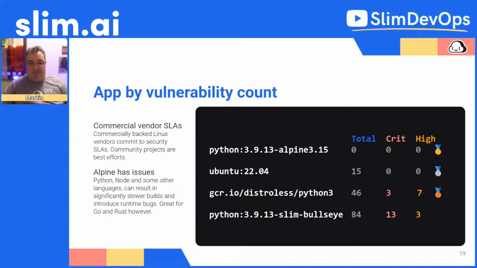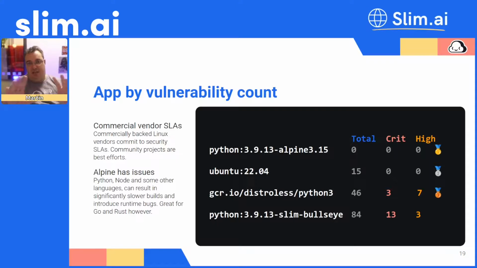So why is that? Well, Python and Node and some other languages can result in significantly slower build times and introduce runtime bugs and unexpected behavior when running on top of Alpine. And this is due to the differences in musl used in Alpine as opposed to glibc, which is used in most other distributions.